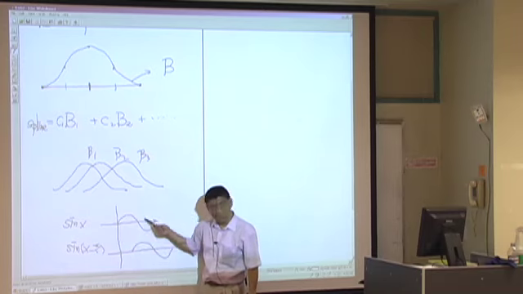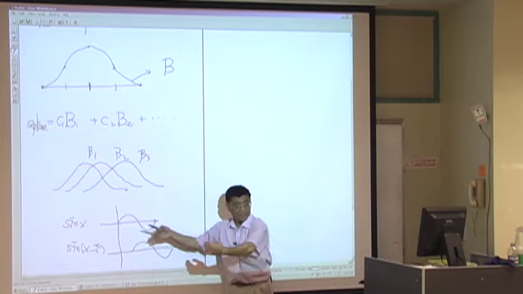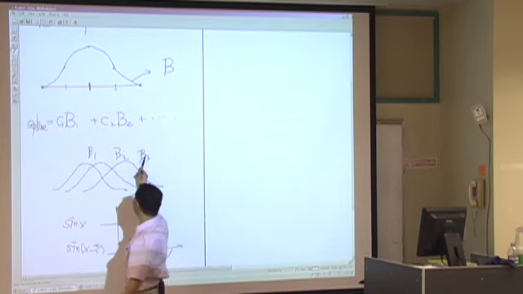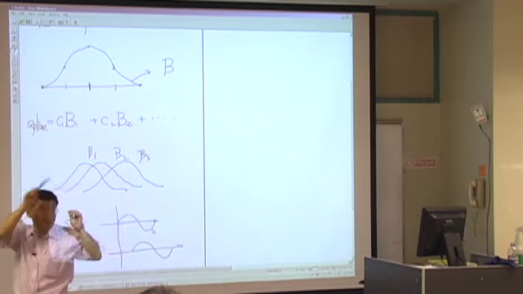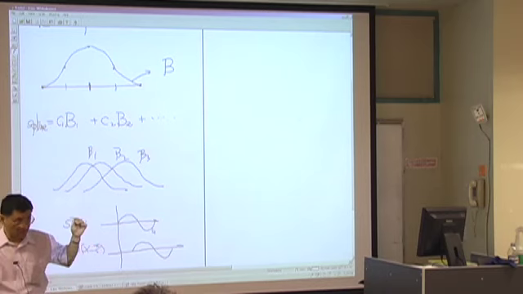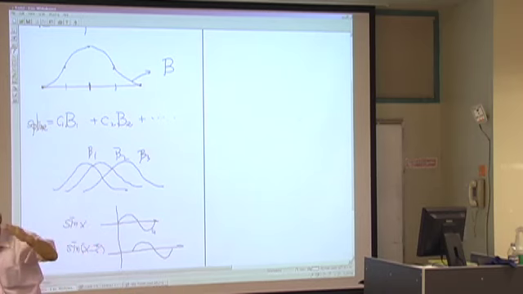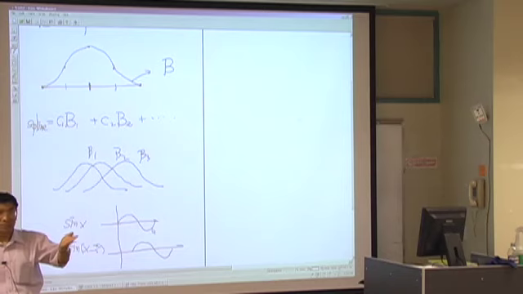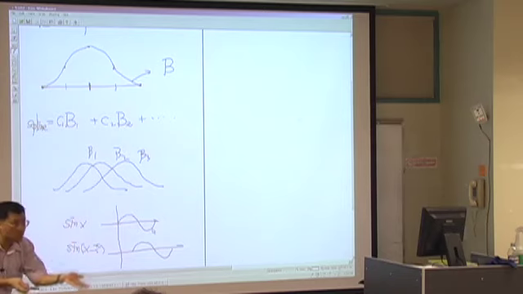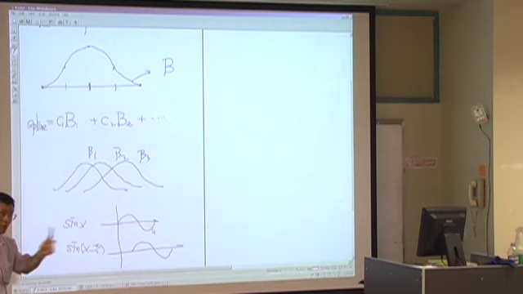The only difference between the two is the shift. Similarly, B1, B2, B3, any spline are the same, essentially, shape-wise. The only difference is the shift. Do you follow me? So by just knowing one B-spline, you know all the B-splines, right?